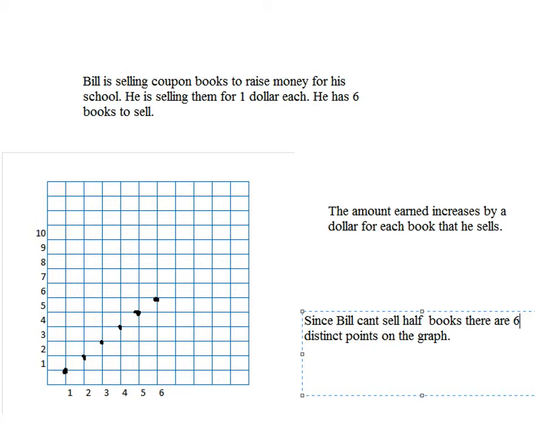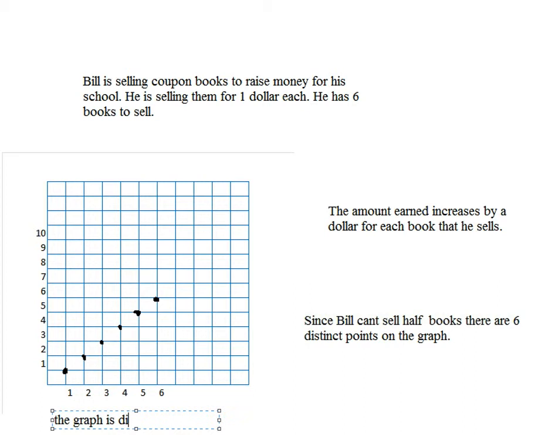And that just means that the graph is discrete. And that's a discrete graph right there.